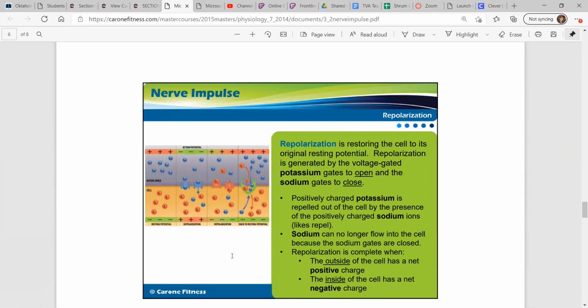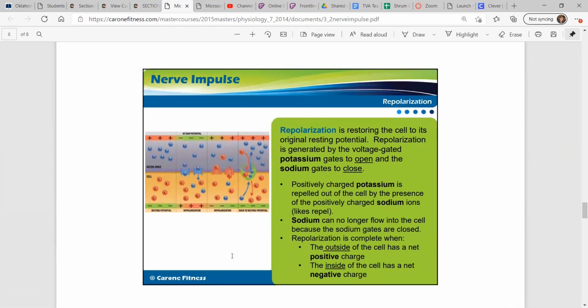And repolarization is generated by the voltage-gated potassium gates opening and the sodium gates closing. Positively charged potassium is repelled out of the cell by the presence of the positively charged sodium ions. Because likes repel, sodium can no longer flow into the cell because the sodium gates are closed.